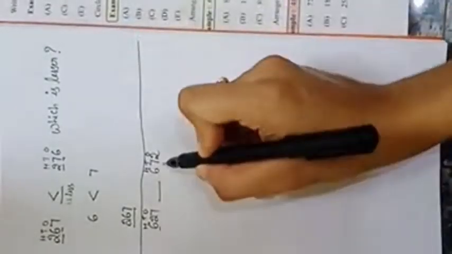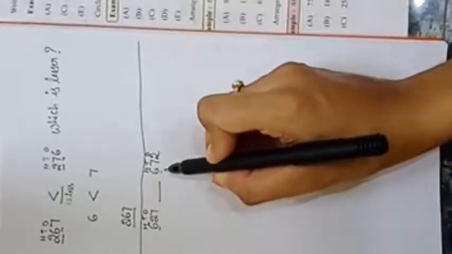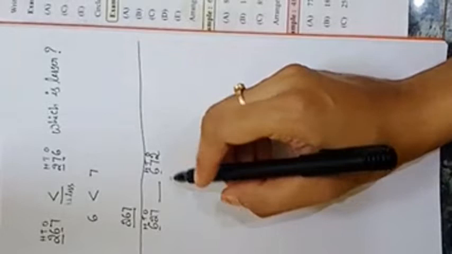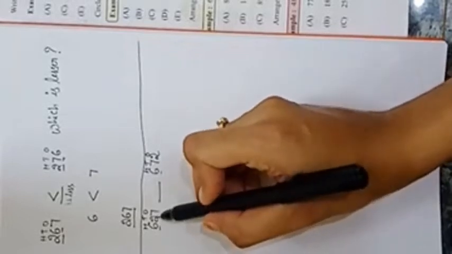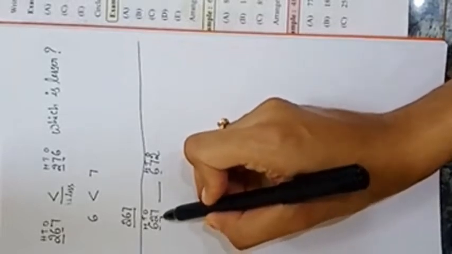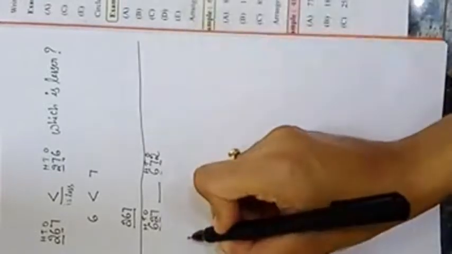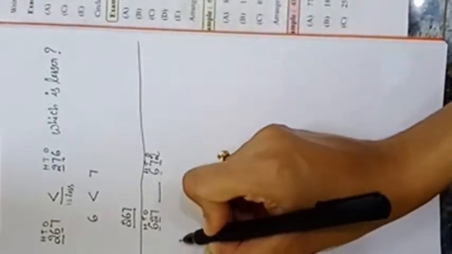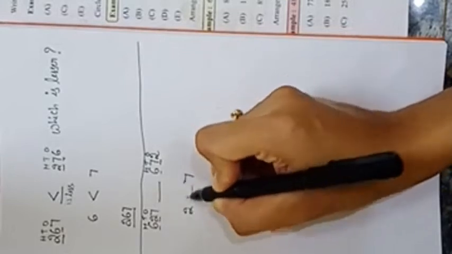Children, after writing places, observe carefully the digits in hundreds place. Over here we have 6, over here also we have 6. Both the sides 6. So then observe tens place number. Here I have 2 and here I have 7. Now tell me which is the bigger number, 2 or 7? Teacher, 7 is the bigger number.